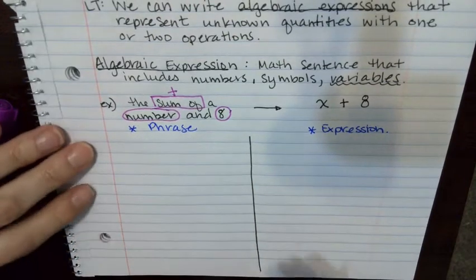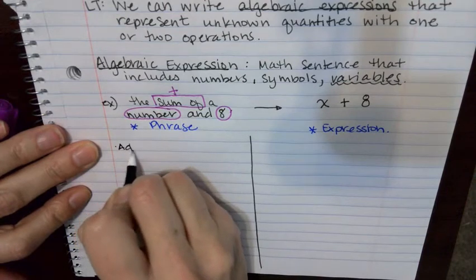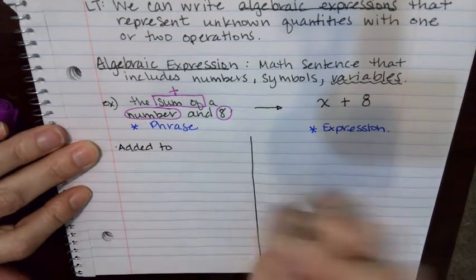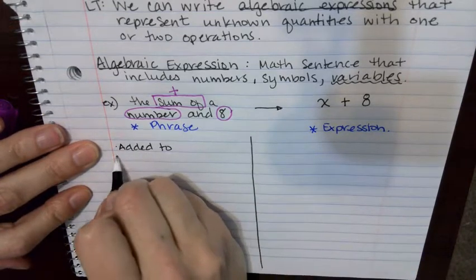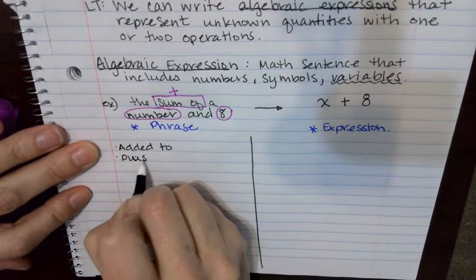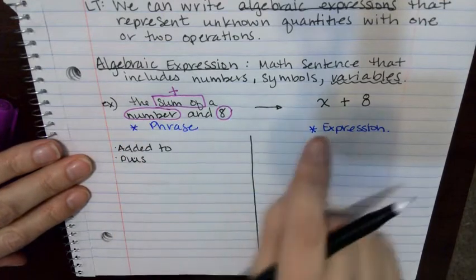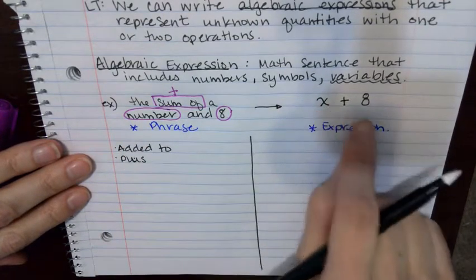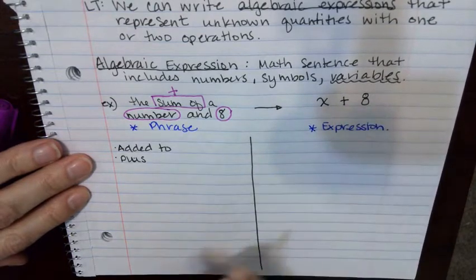I'm going to put things like added to, because that means to add. Another thing that I might write is plus, because the sum of a number and 8 is the same as a number x plus 8, or a number x added to 8.